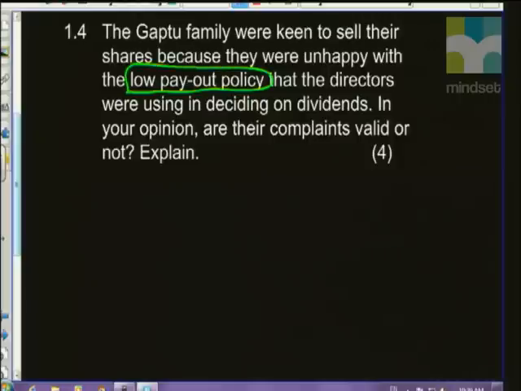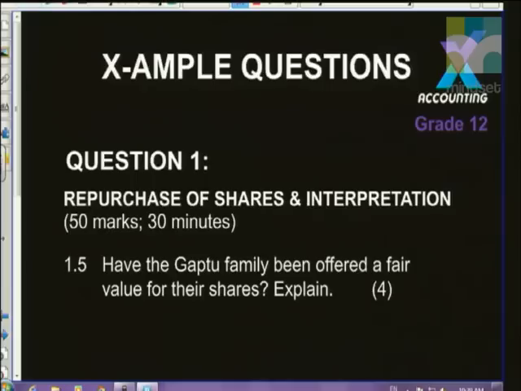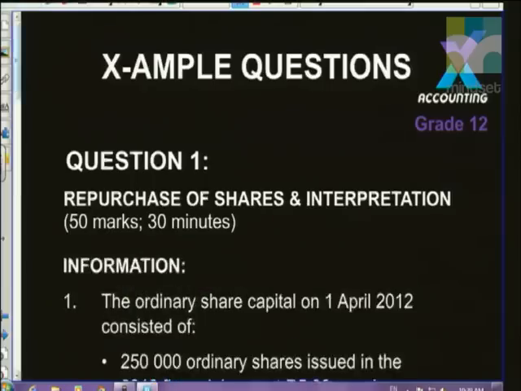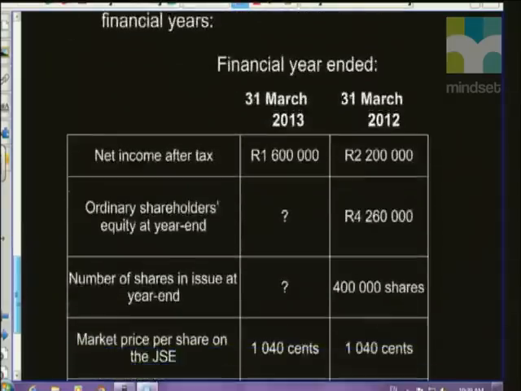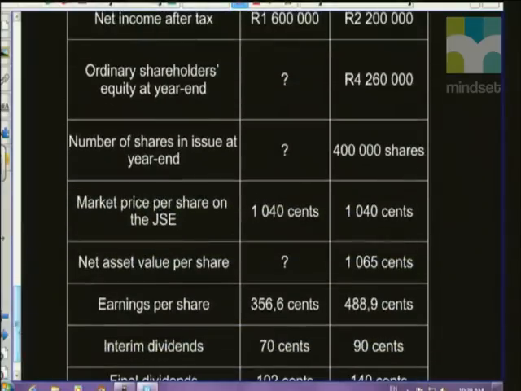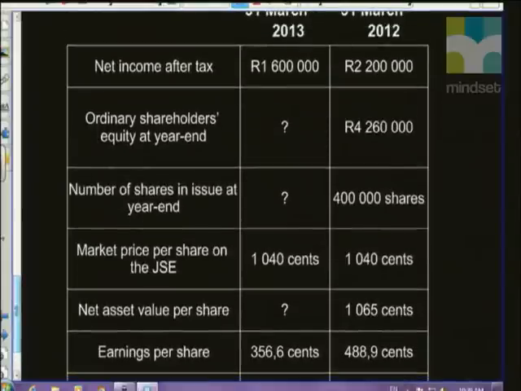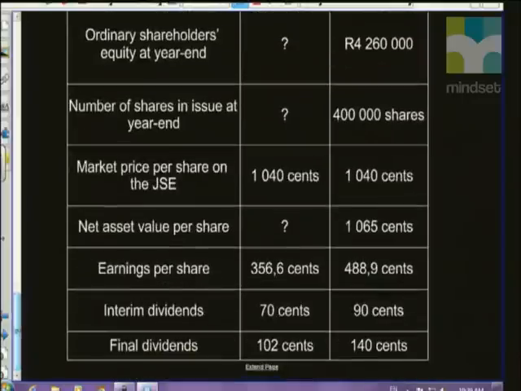If we look at our information, let's find our information. This information is important to us. We find that in this year, namely 2012, you had earnings per share of 488.9 cents per share, right?